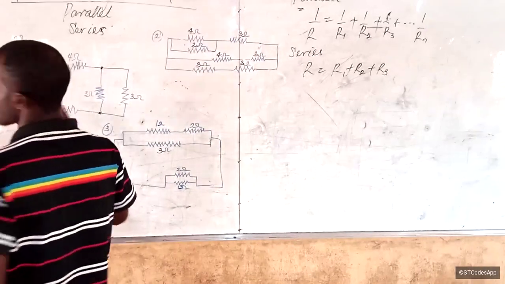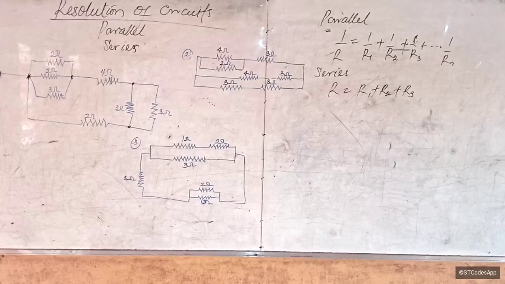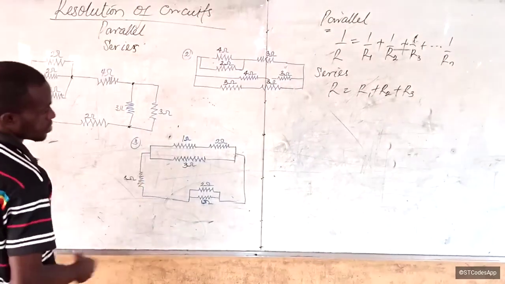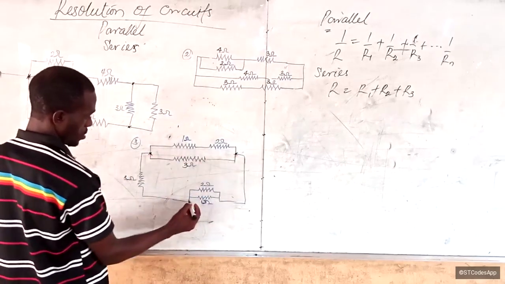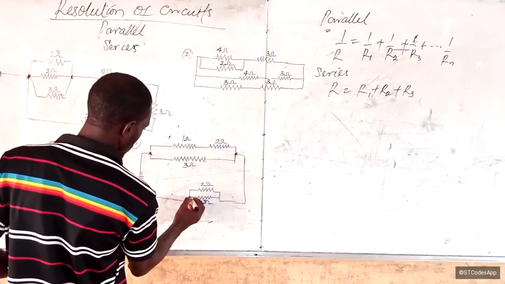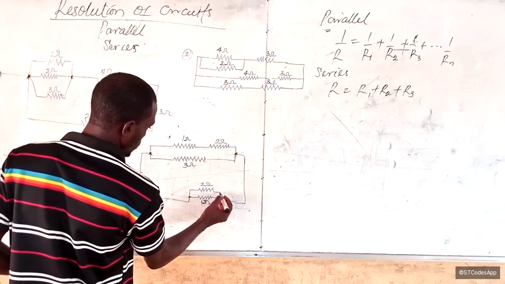So what did we say last? We said to identify junctions. So this is a junction, this is a junction, this is a junction. With this one, where would the junctions be? This is a junction.